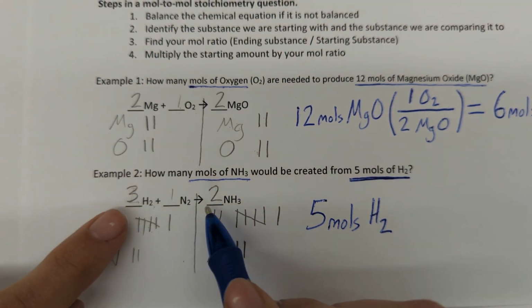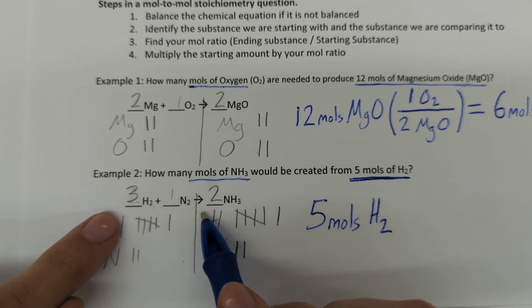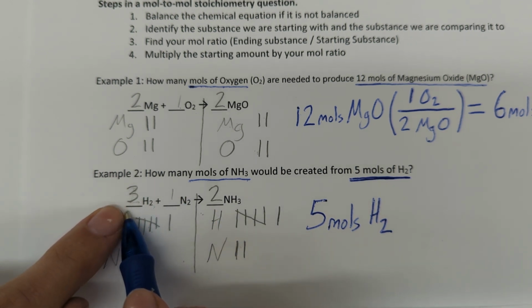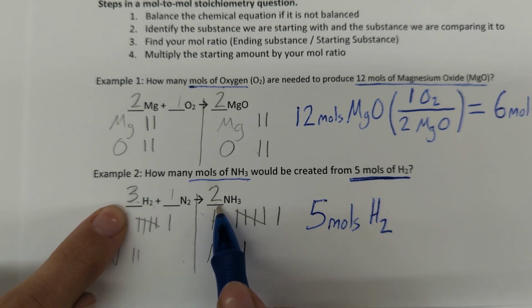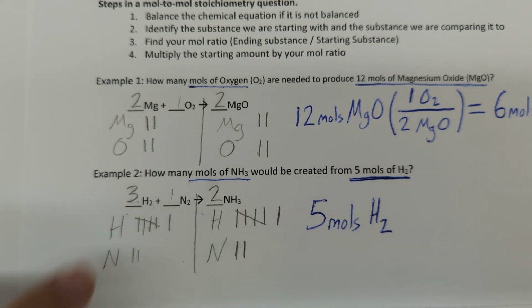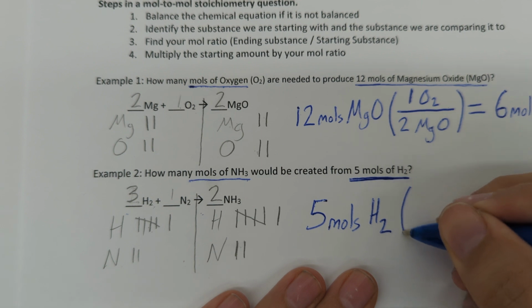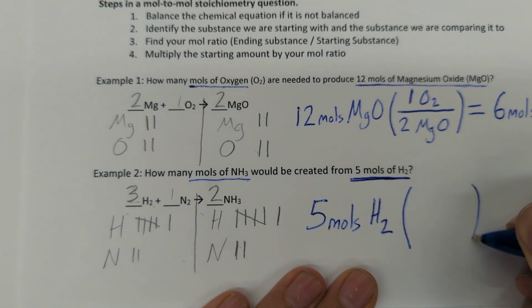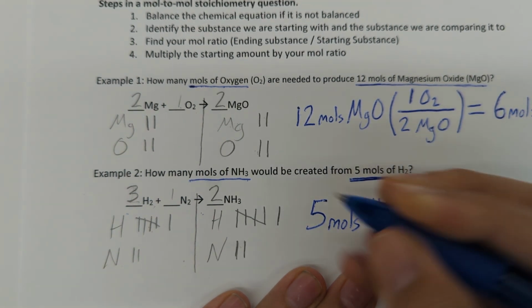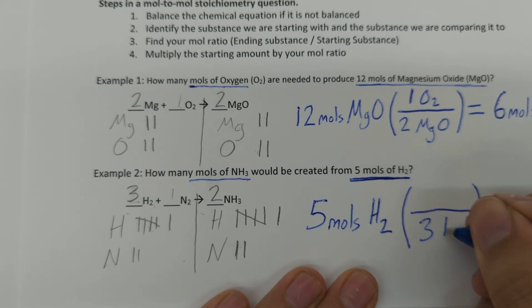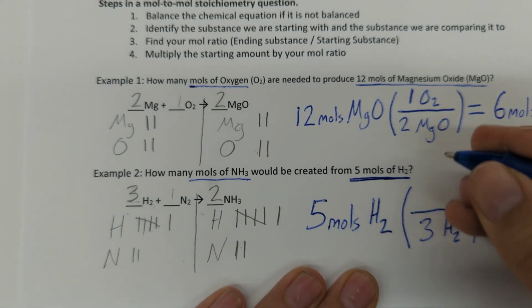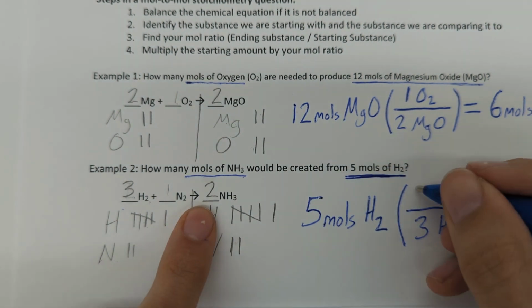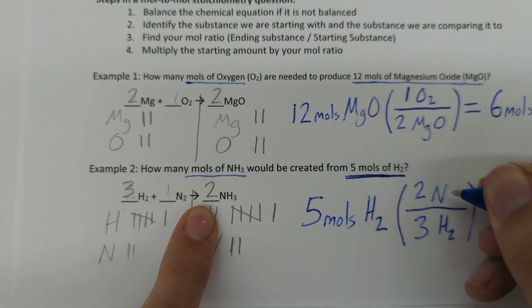And if I look back at my chemical equation, or my recipe, I'm going to need 3 moles of H2 for every 2 moles of NH3 that I'm going to be producing. So 3 H2 goes on the bottom, and my mole ratio on top would be 2 NH3.